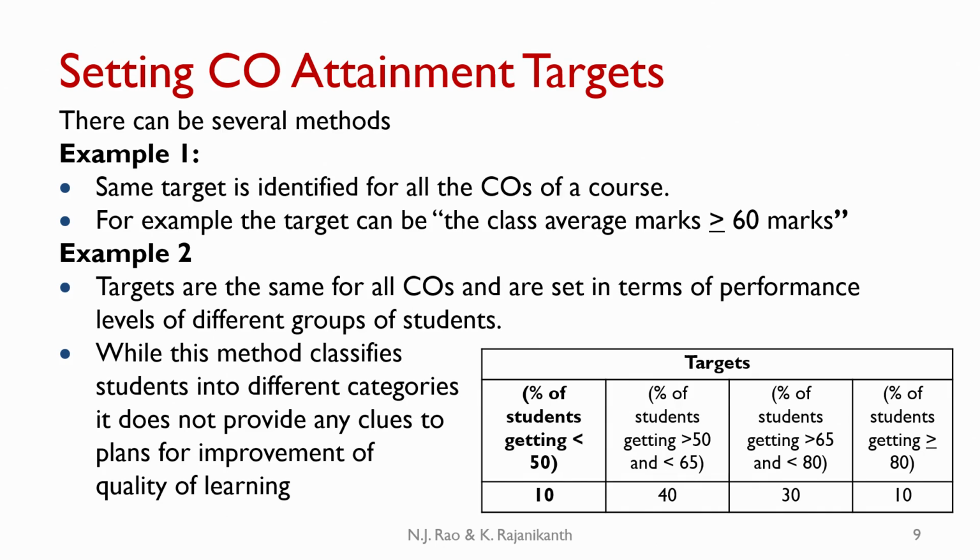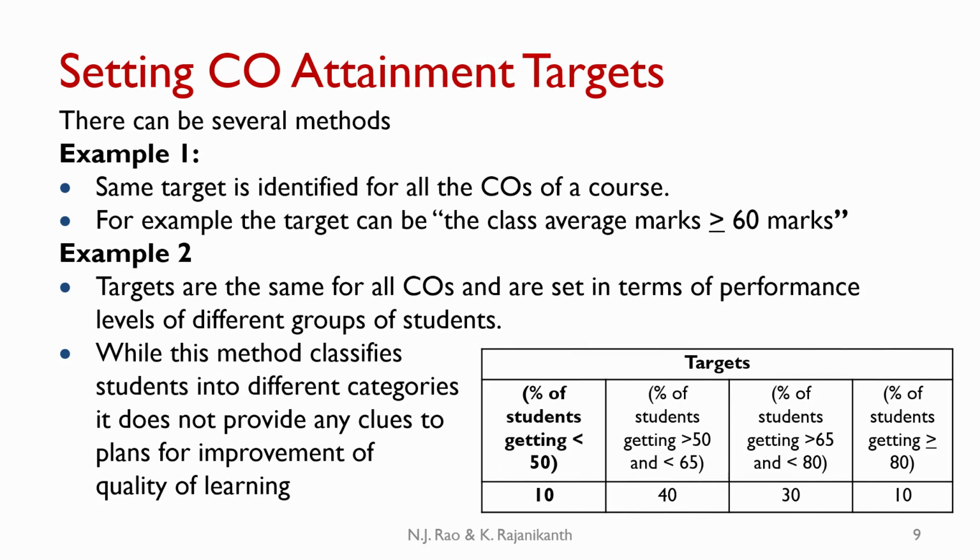Next time. So, this is closing the quality loop, and in order to do this, we must set attainment targets for the course outcomes. This must be done upfront, and it is part of the design phase, an extremely important part of the design phase. Now, there are several methods possible for setting the CO attainment.